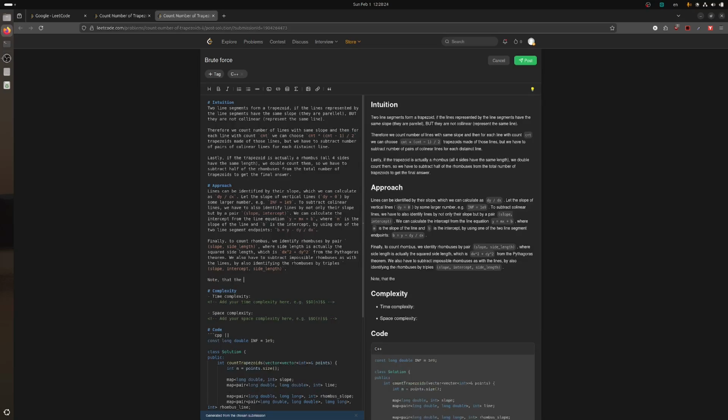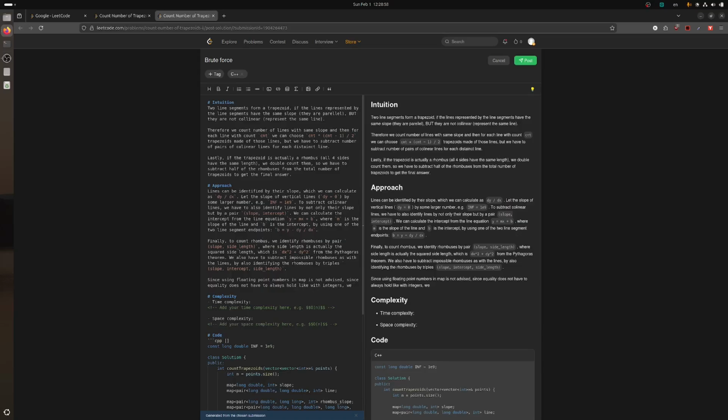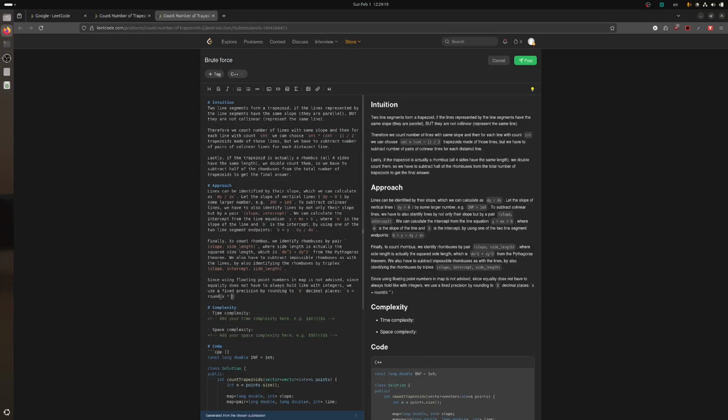Note that to avoid rounding errors, since using floating point numbers in a map is not advised, since equality does not always hold, like with integers, we use a fixed precision by rounding to decimal places. x equals round x times 10 to 9 divided by 10 to 9.